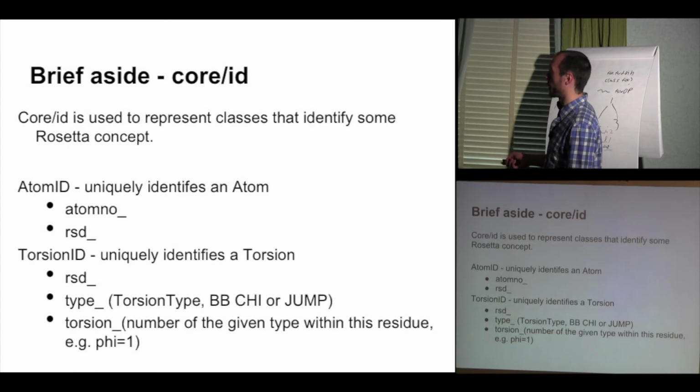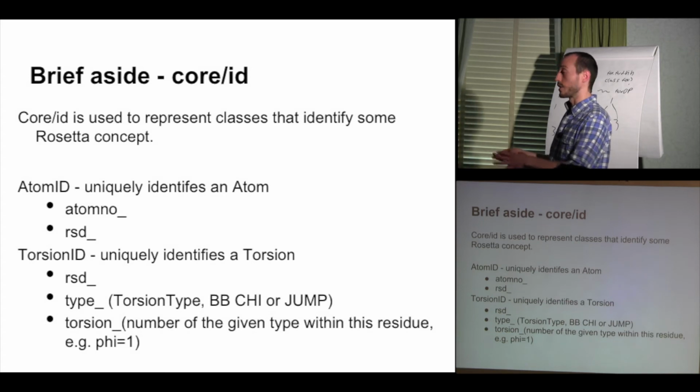A brief aside, I want to talk about core ID because I use some of this stuff in the upcoming slides. Core ID holds classes that are used to identify some Rosetta concept. Examples of this would be the atom ID class, which stores a residue number and an atom number, and that uniquely identifies an atom in your system.